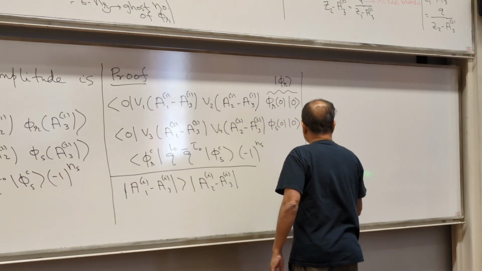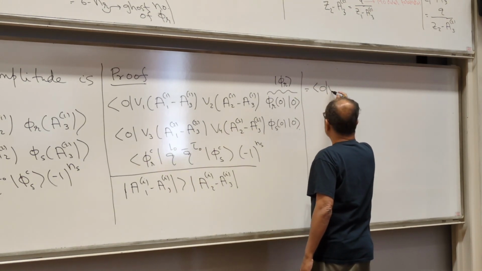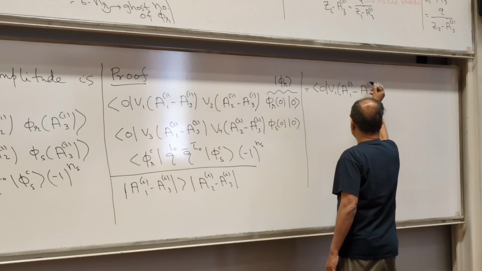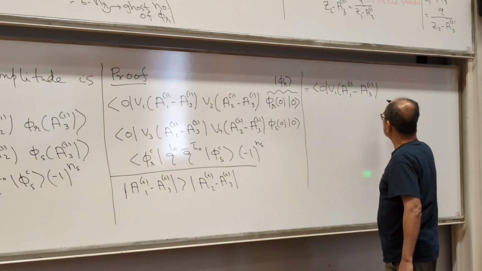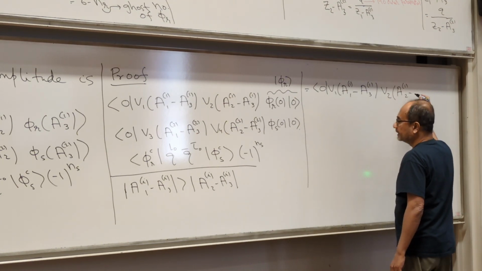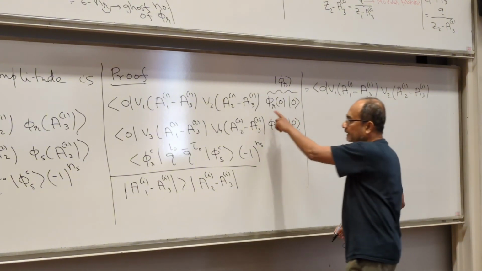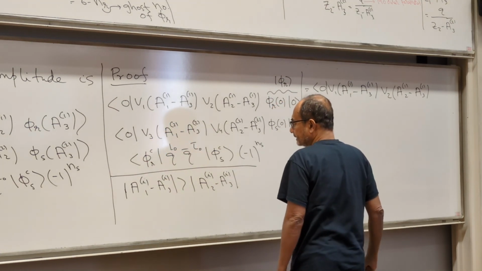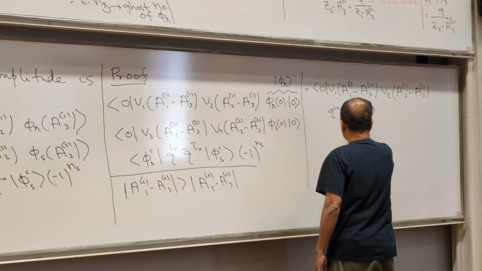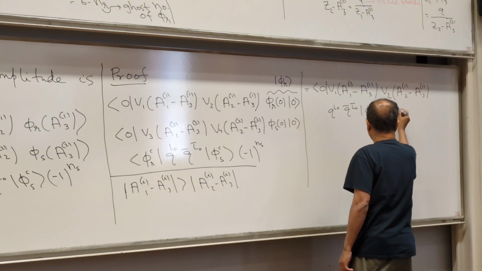So the first and third line together I can write as 0, v1 of a1 1 minus a1 3, v2 of a1 2 minus a1 3, and then an identity operator, which I will not write, and then q to the L0, q bar to the L0 bar, phi s c, minus 1 to the ns.